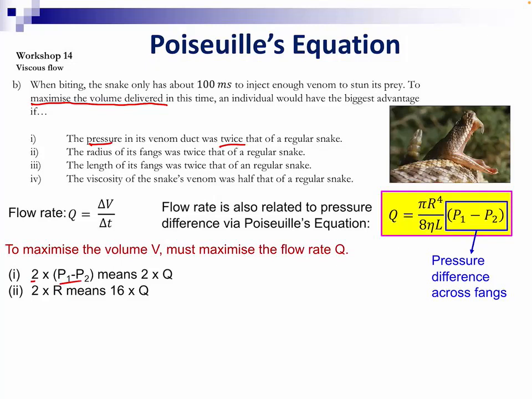Next, the length is twice, so the length is longer. What does it tell you? Poiseuille's equation tells you that if the length is doubled, the flow rate is actually halved, because length is there below. And also, if the viscosity is doubled, the flow rate is actually halved.